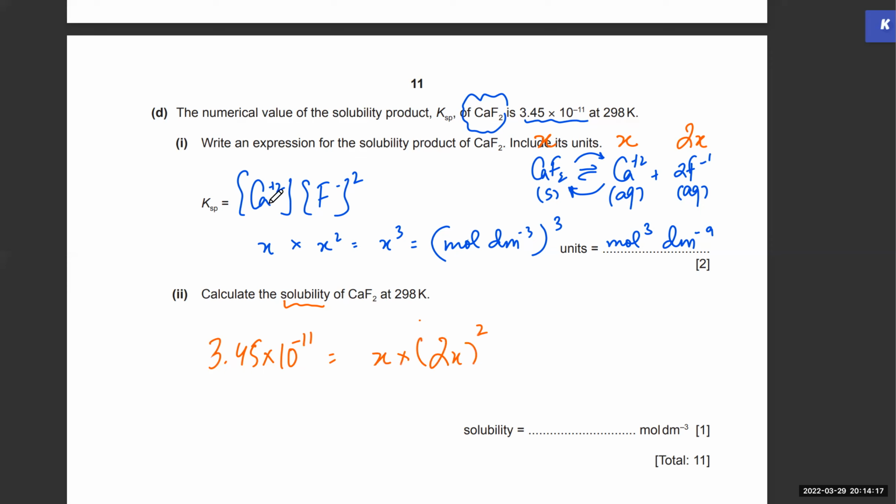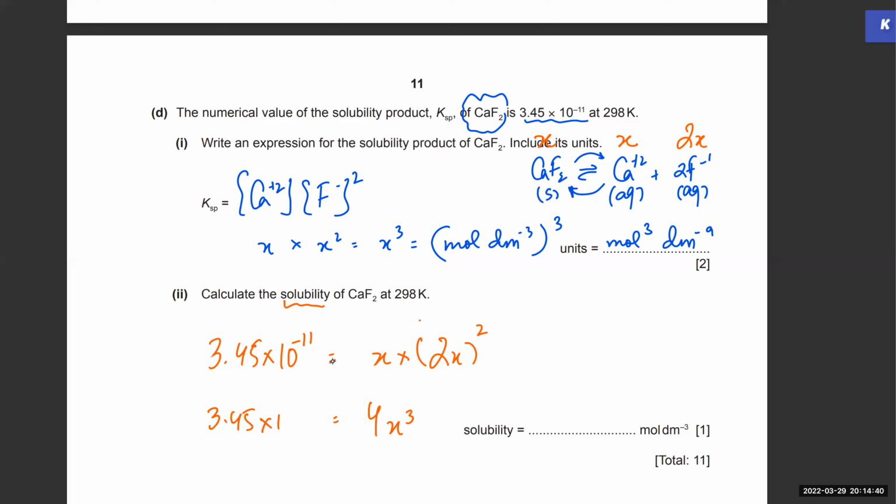So it's going to be X into 2X, squared as well. I just substitute this into the expression with the Ksp value, and from this I'm going to figure out what X is. So it would be 4X cubed.